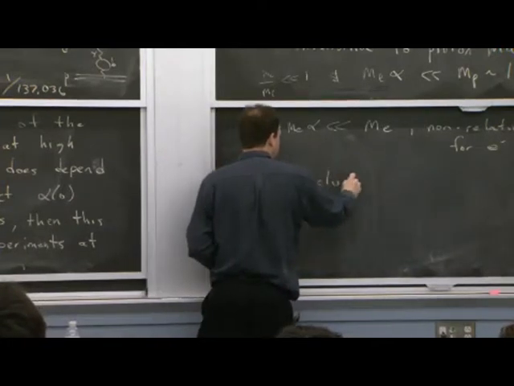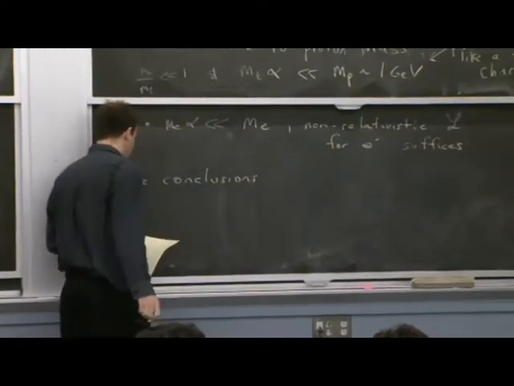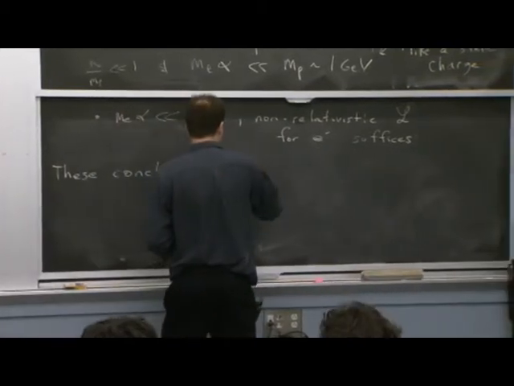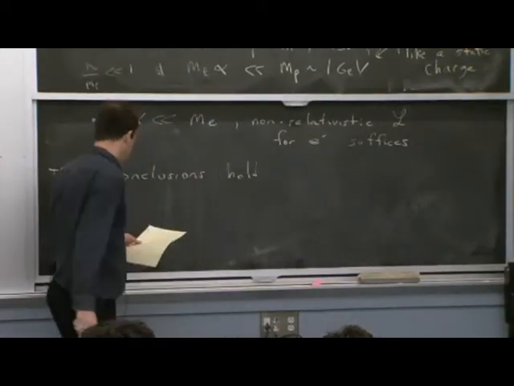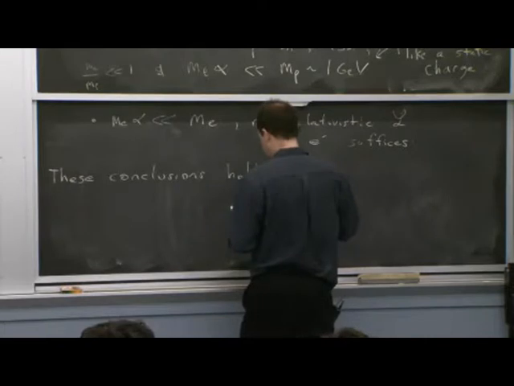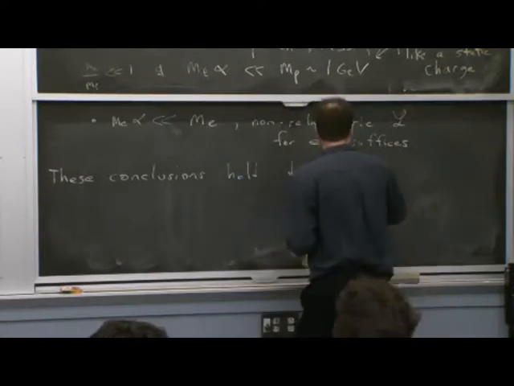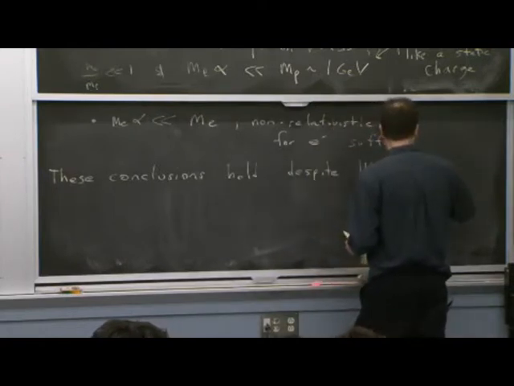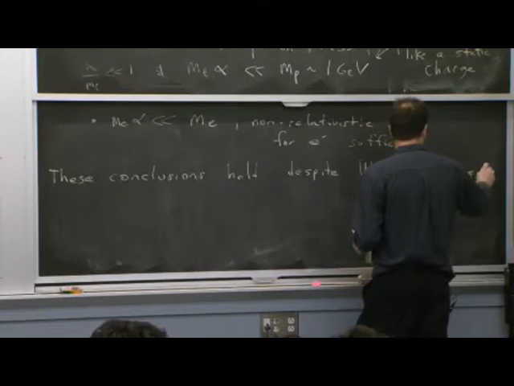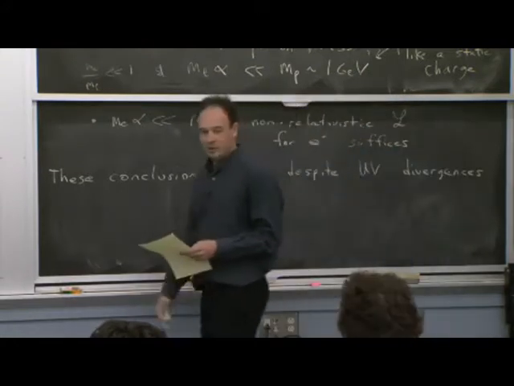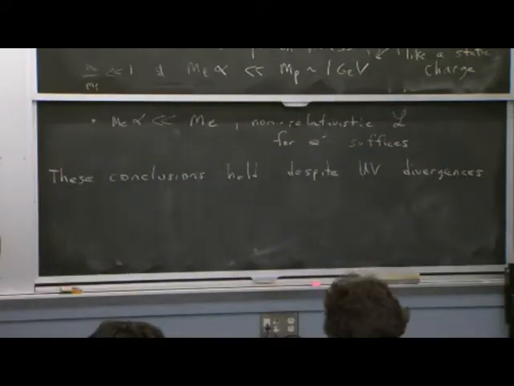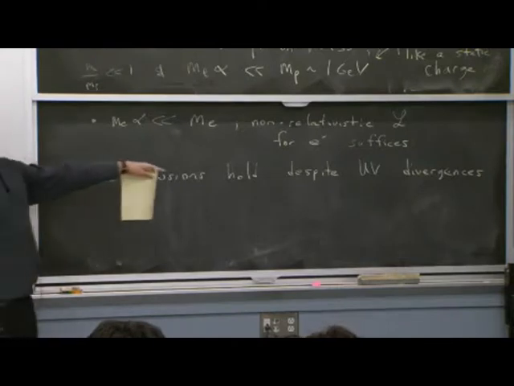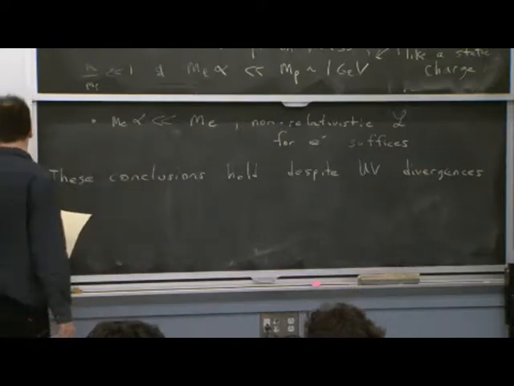So another point that I just want to briefly comment on, which has to be true if everything I'm telling you is right, because it's what we taught you, is that this whole description is true even though there are ultraviolet divergences. When you start doing quantum field theory, even in this case for the hydrogen atom, you run into ultraviolet divergences where things are blowing up.